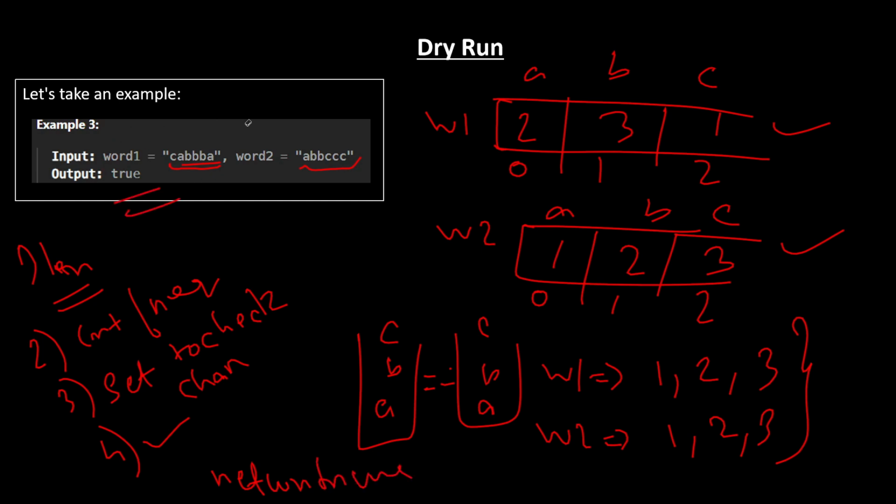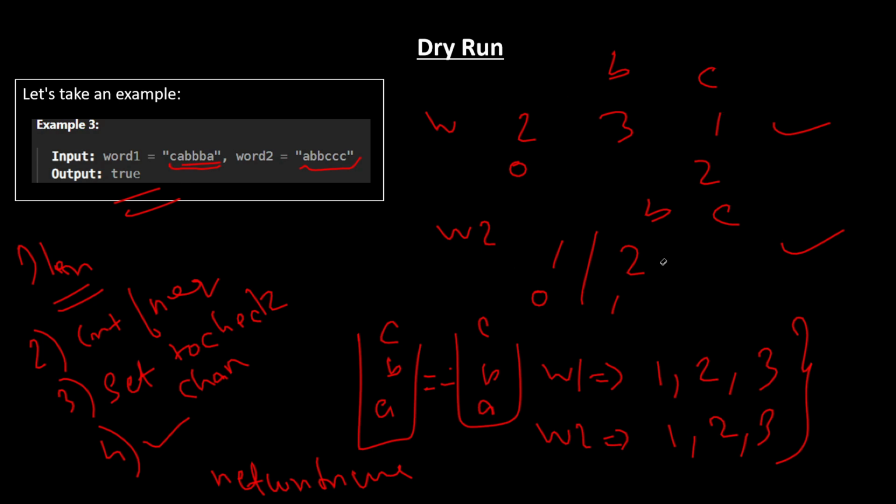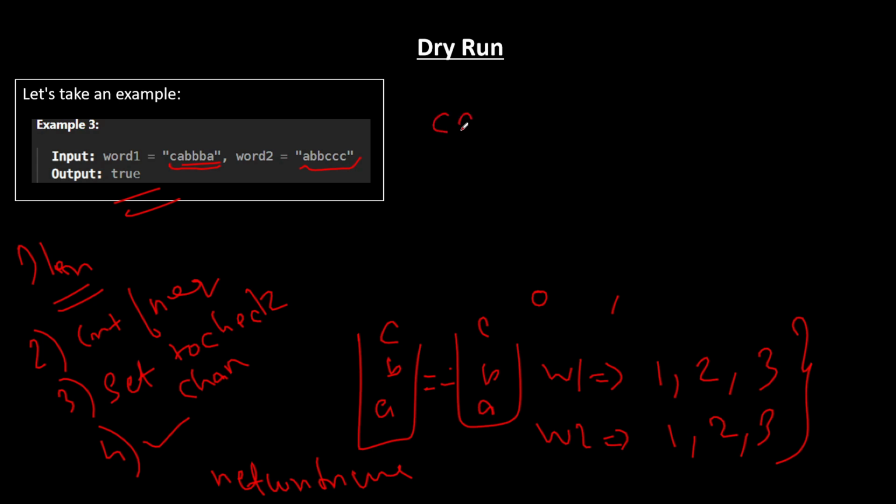Now, if you want to see how it's happening, we did it without doing any sampling or anything. We just used our common logic and intuition to build up this solution. But how is it going to look? So if word 1 is C, A, B, B, B, A, and word 2 is A, B, B, C, C, C, you can see A is one time here and C is also one time here.